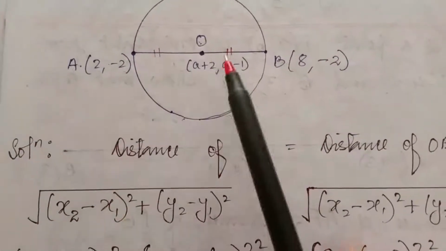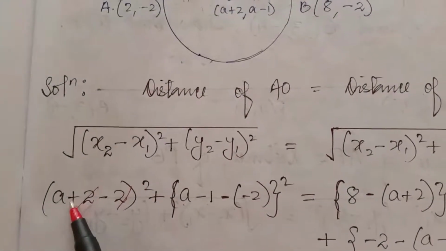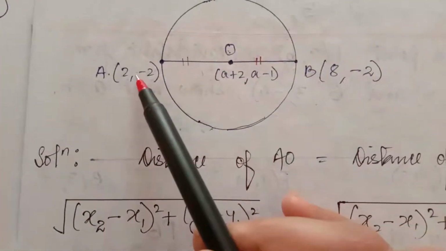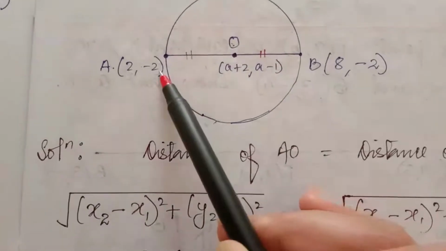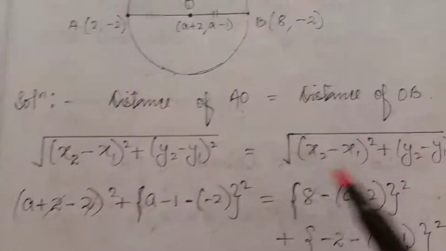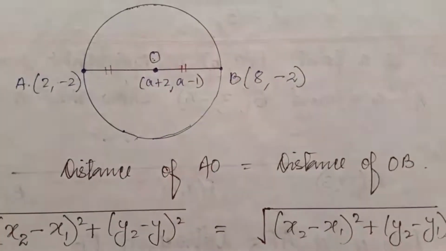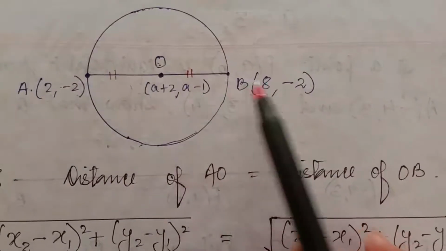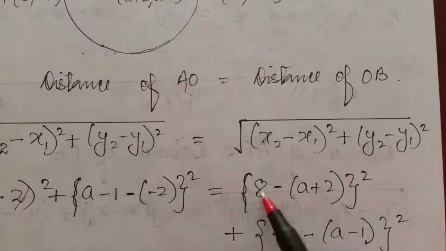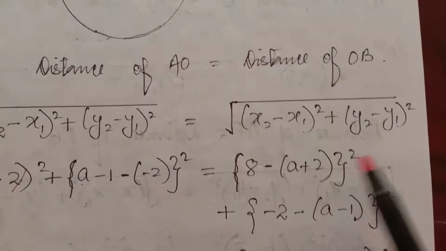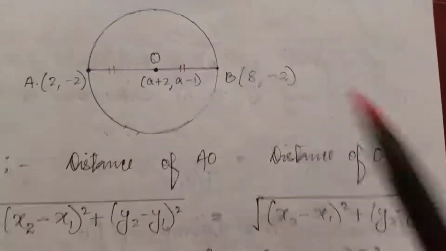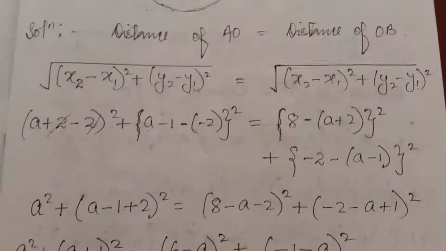Put the values. The square root cancels out. For the line OB, this is x1 y1, this is x2 y2, so x2 minus x1 whole square plus y2 minus y1 whole square.